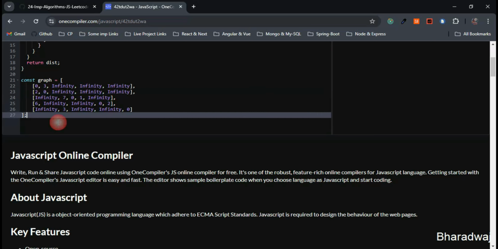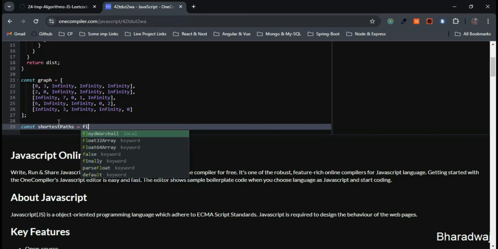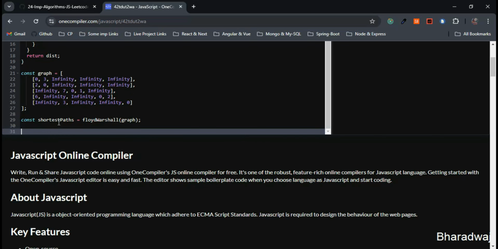After this step, let's call the Floyd-Warshall function to compute the shortest paths. So I can just consider it this way: shortest paths, and Floyd-Warshall is the function name, and the parameter is graph. So finally, after calling the Floyd-Warshall function to compute the shortest path, we have to print the shortest path matrix as well, right?